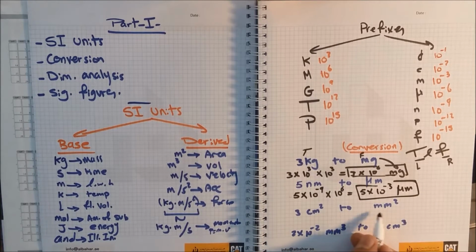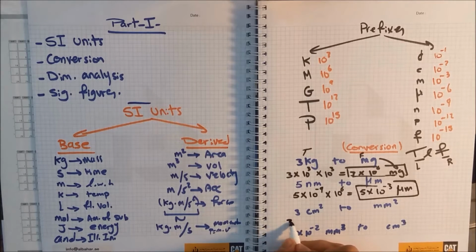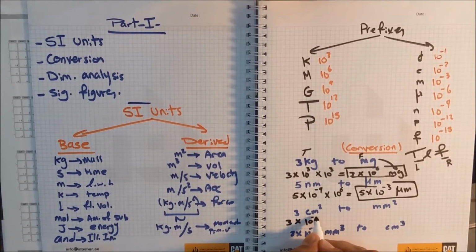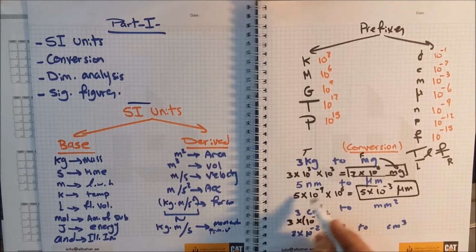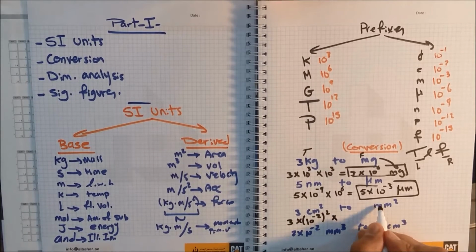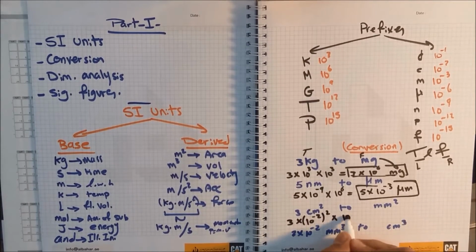3 centimeters square to millimeters square. And here you can discover the value of this method, because it is working even with the square value and the cubic value. 3, translate centi as 10 to the power of negative 2, but you need to respect the square. So I'm just translating the centi as we have done in the other problems, but we need to put the square because it is mentioned in the problem. Multiplied by milli. Usually we flip this, so yes, I'm going to flip it.